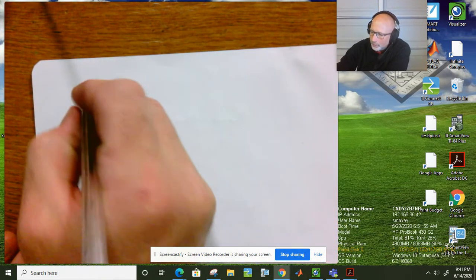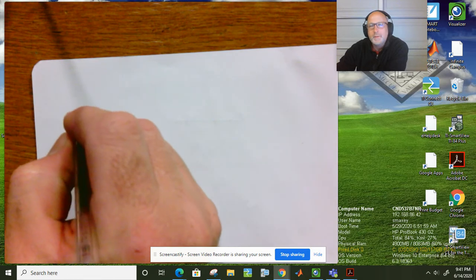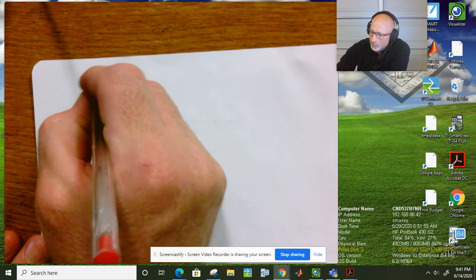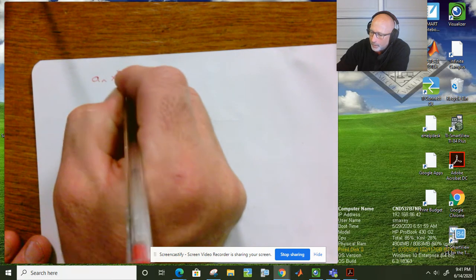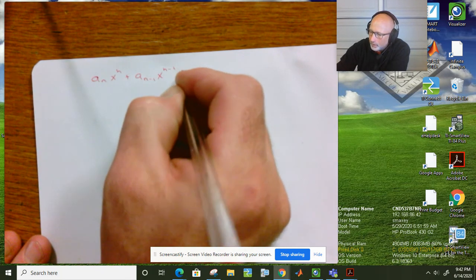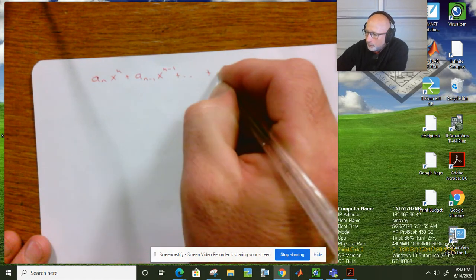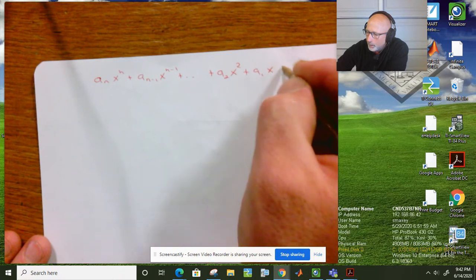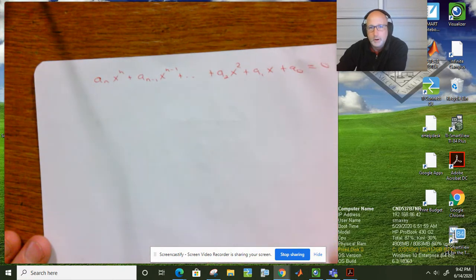So if you have n roots, you have a polynomial an x to the power of n plus an minus 1 x to the n minus 1 plus all the way down to a2x squared plus a1x plus a naught is equal to 0.